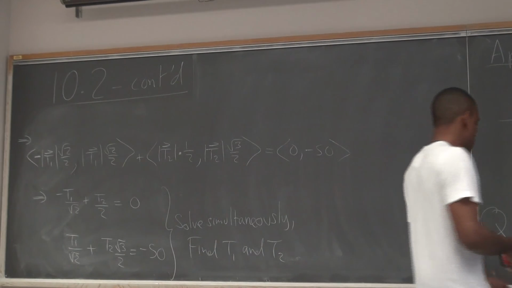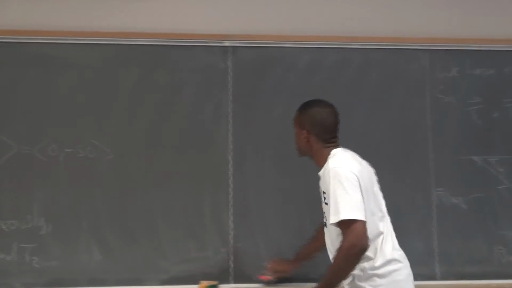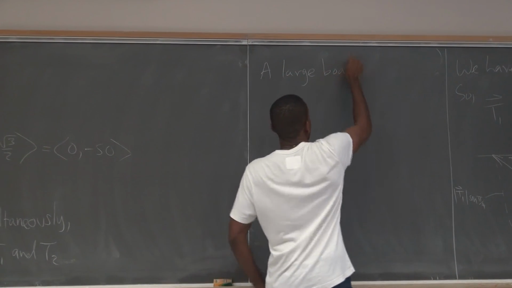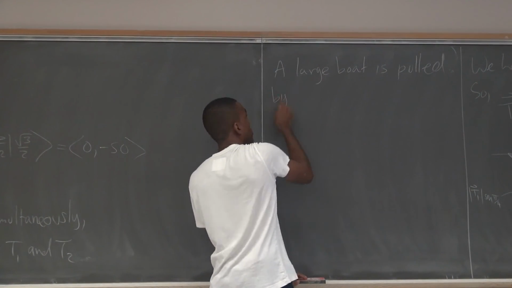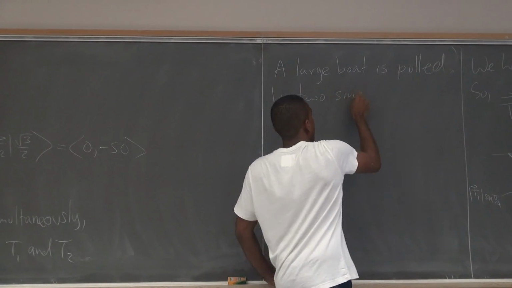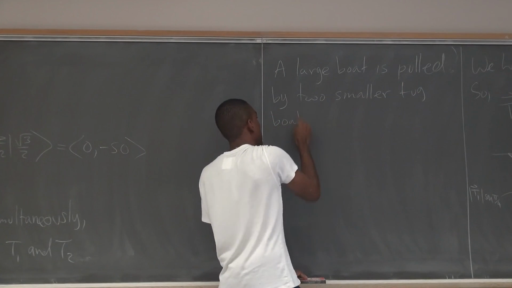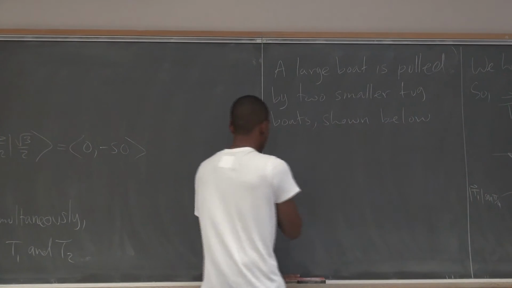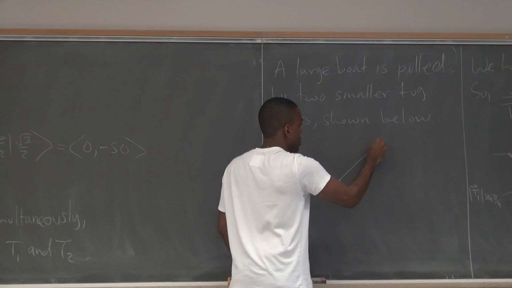Here's a problem I want you guys to think about for the next time. A large boat is being pulled by 2 smaller tugboats. So the big boat here, and there are 2 little tugboats.